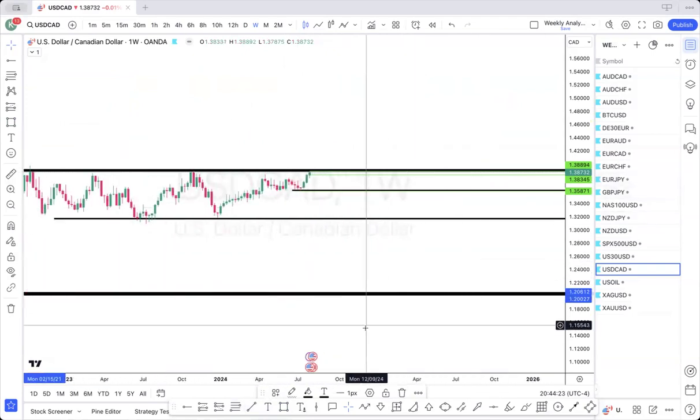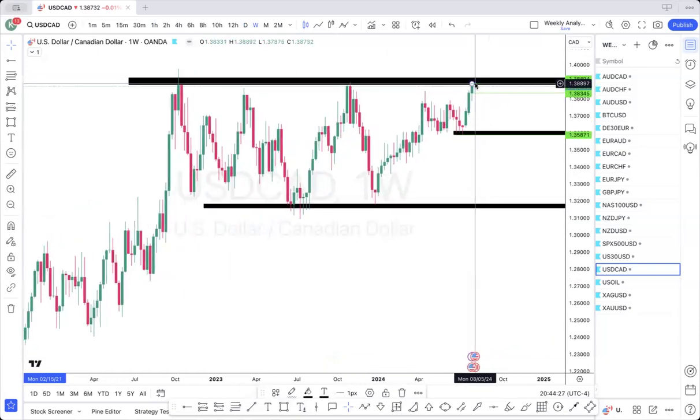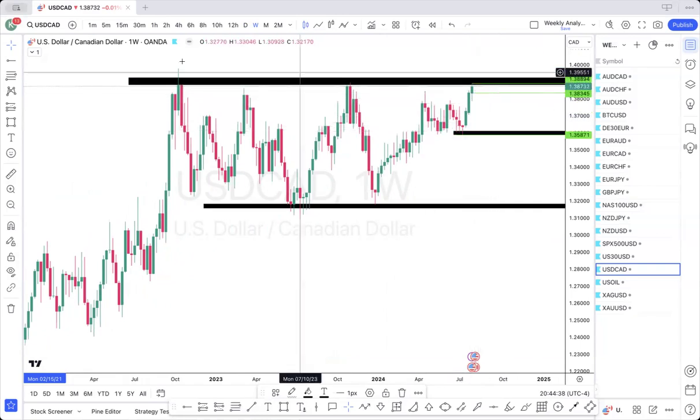It is currently at the key level. So I would be expecting a break, or a bearish order, maybe a bearish weekly order block, to break this low, and then you get in on the pullback to then sell to this low.